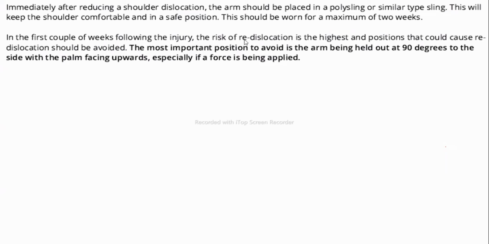Yes, excellent. So if the patient puts his arm in this position, it means risk of redislocation.